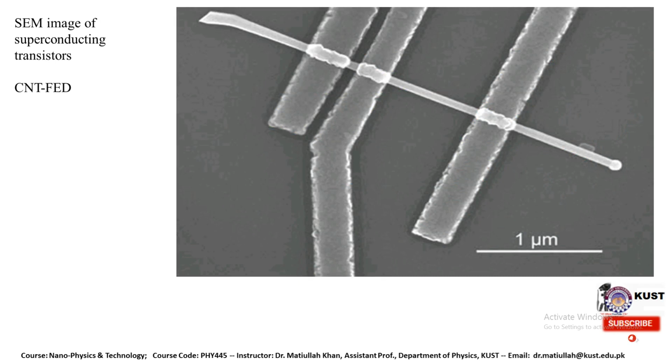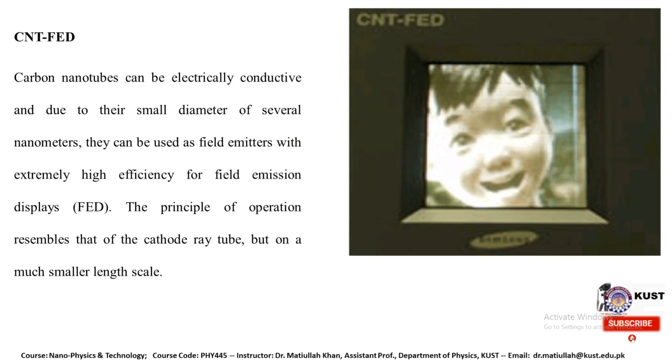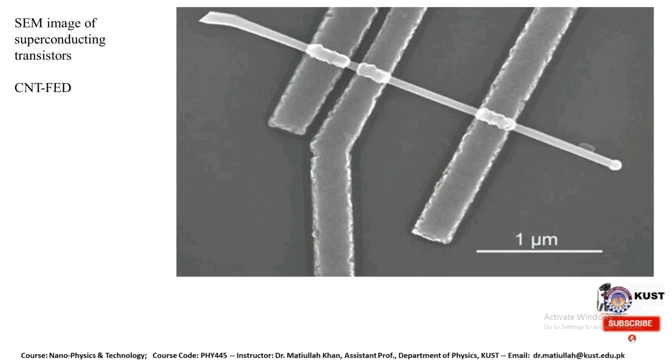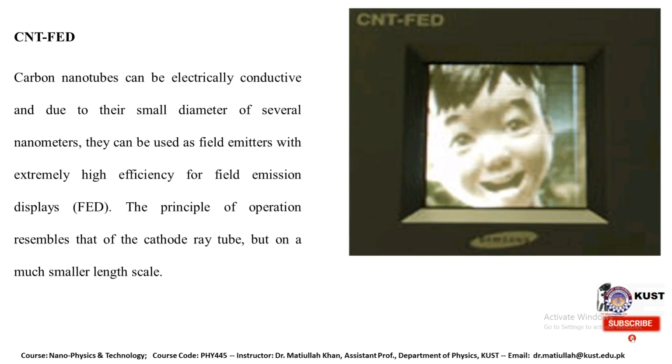So the same carbon nanotubes are widely utilized in the field effect transistor. This is an image of a field effect transistor, how it is developed and how it is utilized in various applications. Field effect transistors made from carbon nanotubes are also utilized in electrically conductive materials.